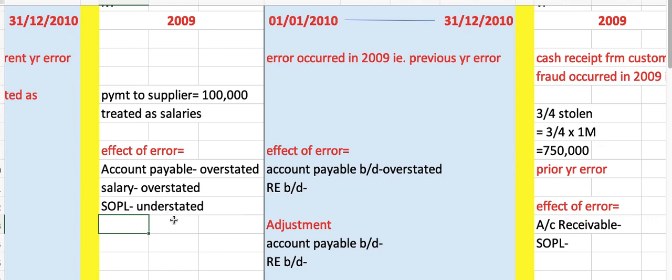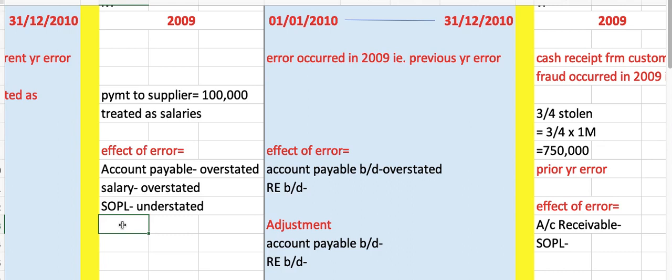Now, when we talk about previous year error, what you carry forward to next year is the retained earning. You don't carry forward the SOPL. If you remember when you prepare published accounts, all net profit goes into the statement of changes in equity, where you add or deduct under the retained earning column.